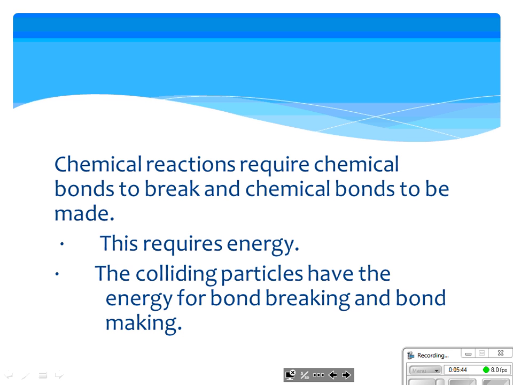The colliding particles have the energy necessary for bond breaking and bond making. So the particles colliding have the necessary energy to break and make bonds. That's why we're talking about the collision theory.